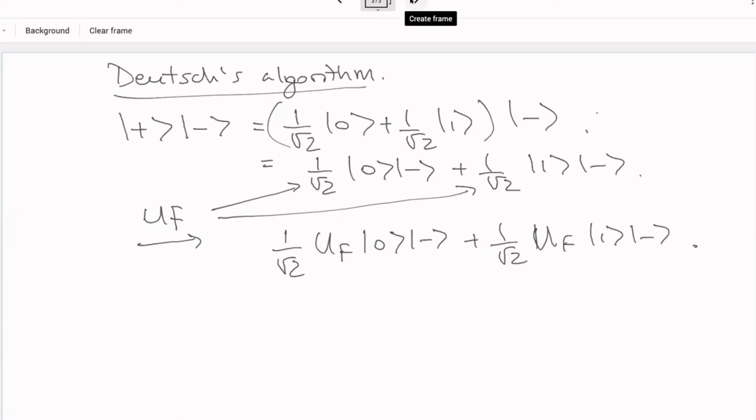And now I can sort of import the calculation in blue that we showed on the previous slide. Let me rewrite it. We had shown in the previous slide that U sub f applied to x minus equals minus 1 to the f of x, x minus. So this is what we had shown on the previous slide.